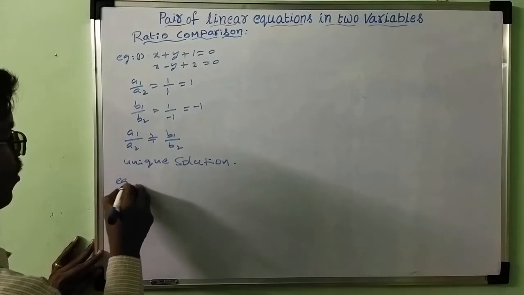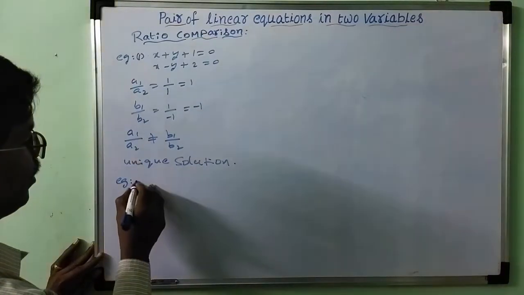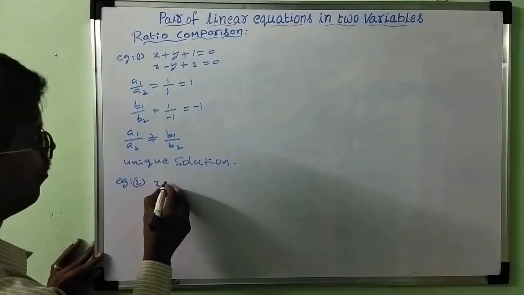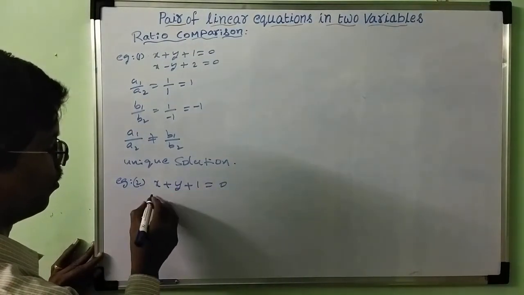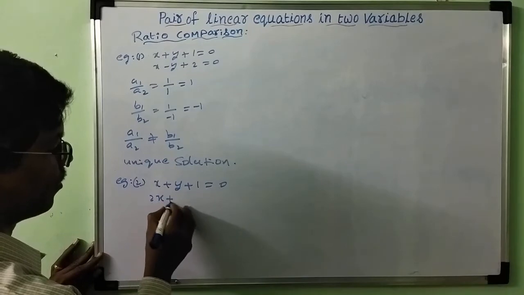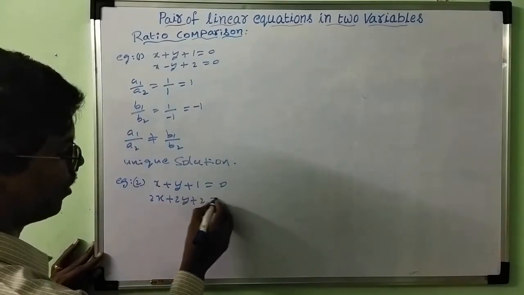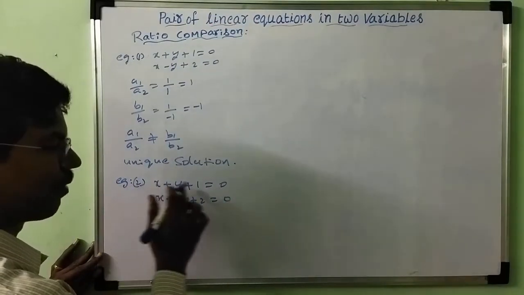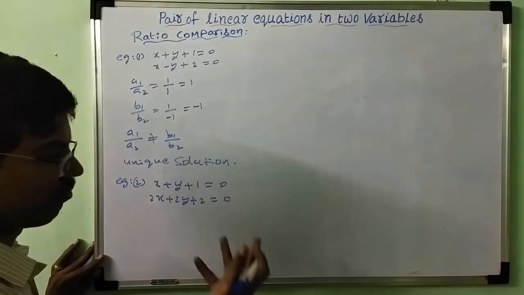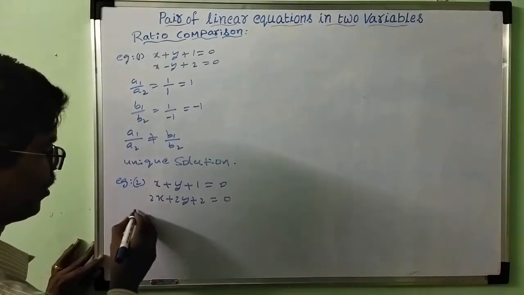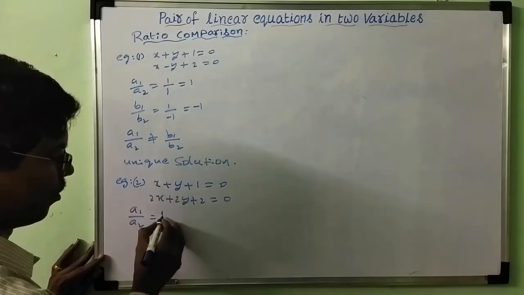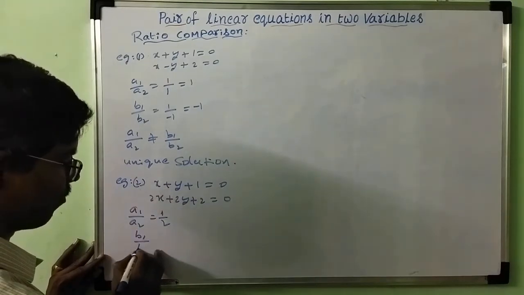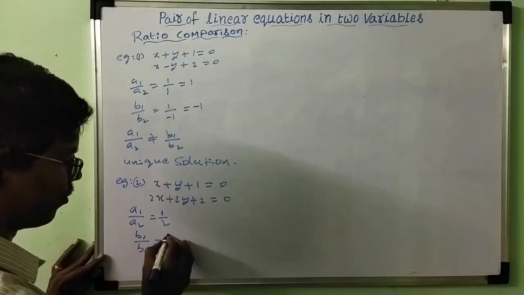Next, another example. Example 2. If there is x plus y plus 1 equal to 0 and 2x plus 2y plus 2 equal to 0, I am multiplying the first equation by 2, then I got the second equation. Then what about ratios? a1 by a2 equal to 1 by 2. b1 by b2 equal to 1 by 2.